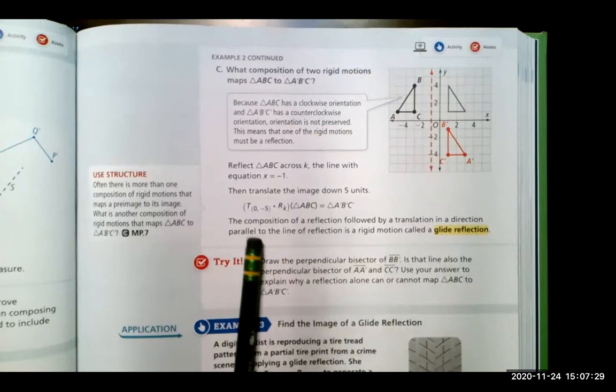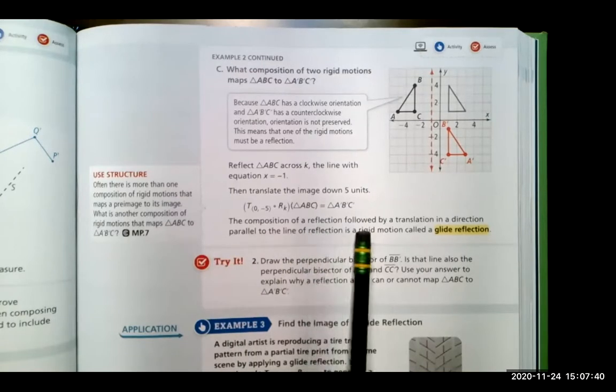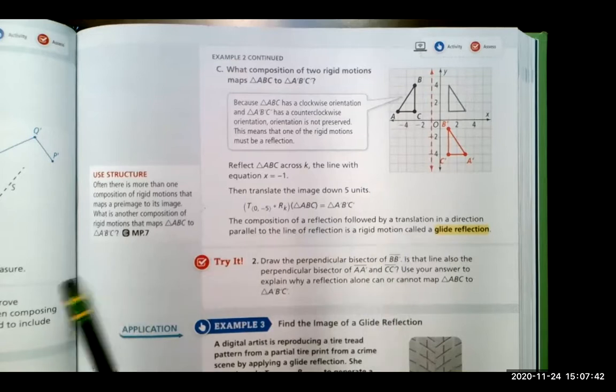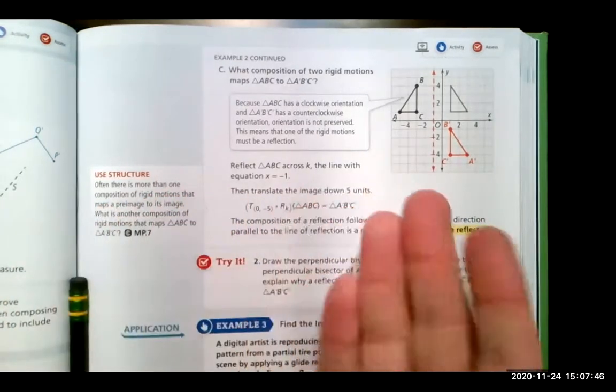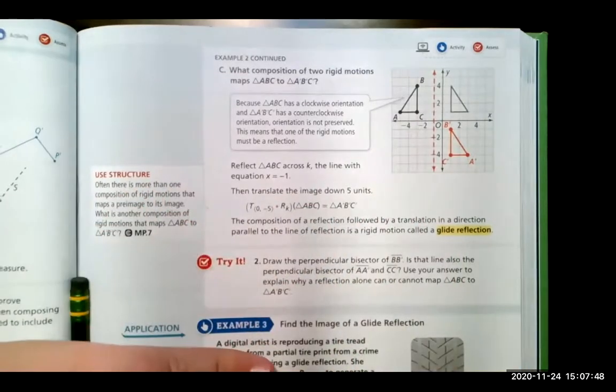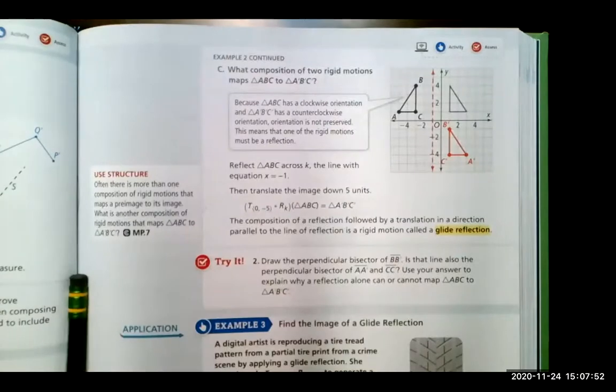When they're saying composition, they mean two or more things that are applied in the same problem. So the composition of a reflection, that's first, followed by a translation. If you forgot, a reflection just flips something over a line. It could be a horizontal reflection like this, or a vertical reflection like this, where it flips from bottom to top or top to bottom.